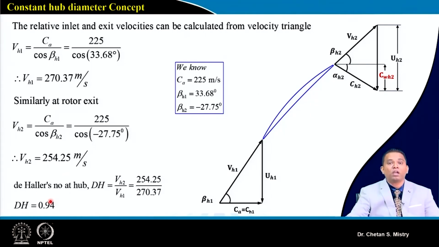And if we look at de Haller's factor, that's coming 0.94. So this is also indicating we are having diffusion near the hub region, but you can compare these velocity components, that's showing my diffusion is not happening as per our expectation in that sense.